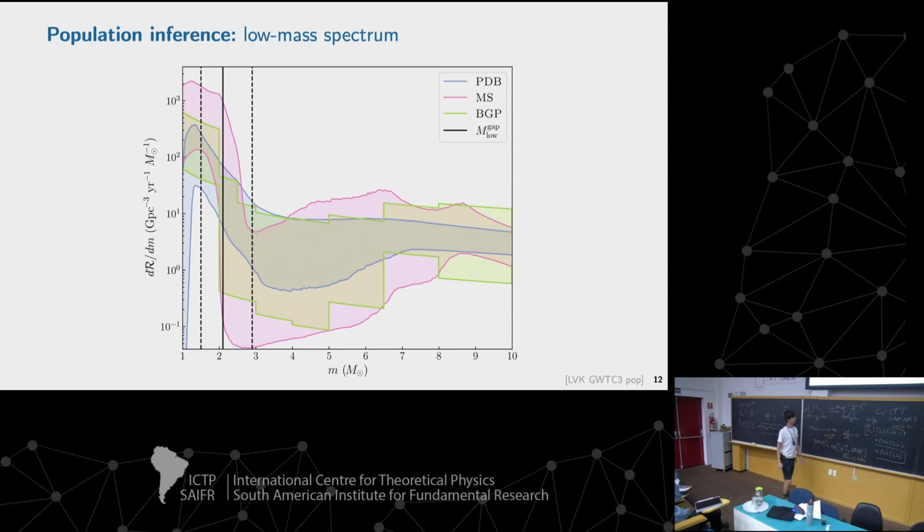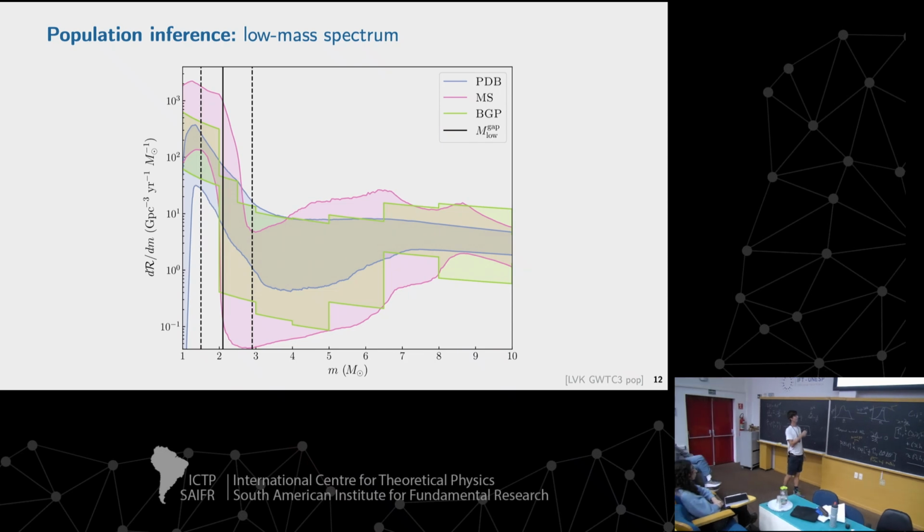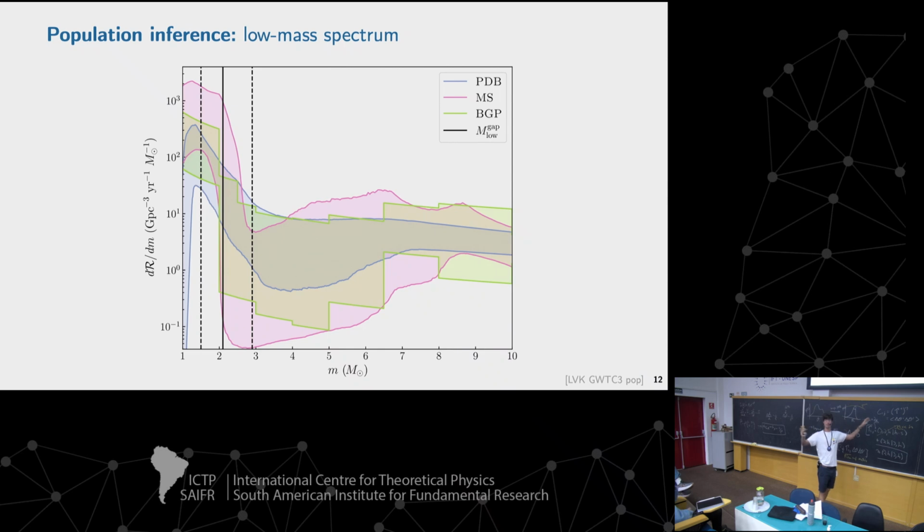And then you can say, okay, what about even lower masses? This is, again, a lot of models, and the detail doesn't matter, but this is the inference of the mass spectrum of all the low mass binaries. So this is without making distinctions between binary neutron stars and binary black holes. What you find is that at low masses, where you expect only neutron stars, the merger rate is actually higher.